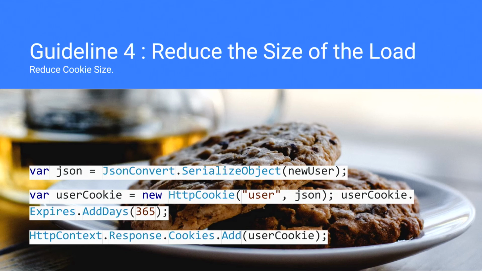I could much easier just say the user and put their user ID in here, and then whenever I need user information on the server, I just grab it from the database and read it and do my thing and send it back. Okay? Instead of bouncing that data back and forth on every request after that. So keep your cookies small. That was one of the big performance issues in traditional ASP.NET. They put a lot of stuff in cookies, and it was going back and forth, and it just slowed it down.